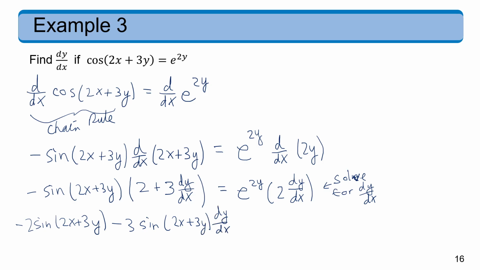And we'll just keep the right side essentially the same, 2e to the 2y dy/dx. Now you can see I'm going to underline the two terms that contain dy/dx. So I want to get those two terms on the left and everything else on the right. And I think we're going to need to go to a new slide to finish this one.